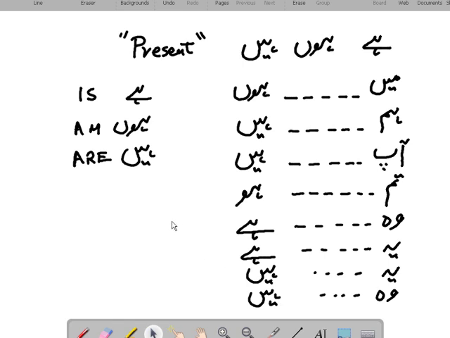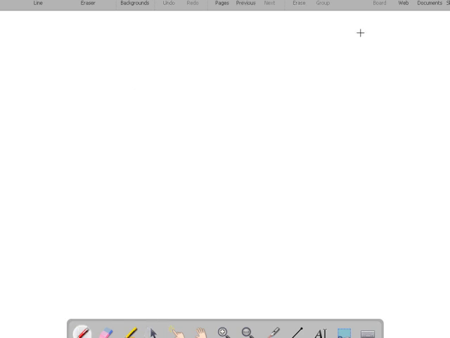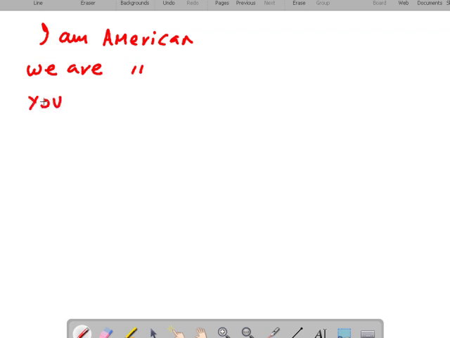Now let's make few sentences. For example, there is sentence, I am American. We are Americans. You are American. He is American.